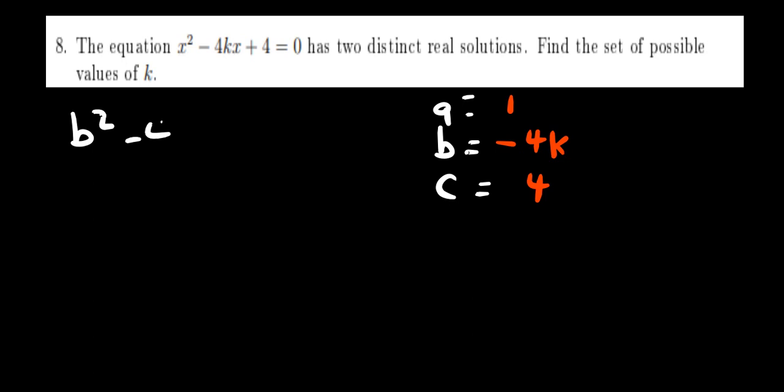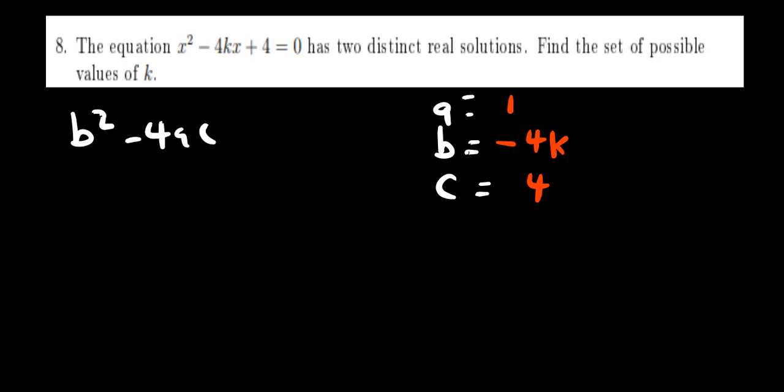So what would be the values of a, b, and c? Let's write that to guide us. Our a is 1. The value of b, the coefficient of x, is negative 4k. The value of c is 4. Now let's do that in the discriminant, b squared minus 4ac.